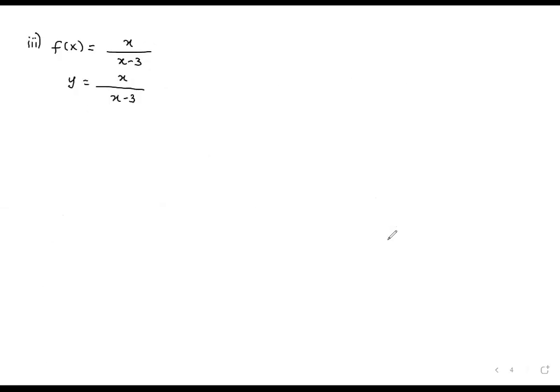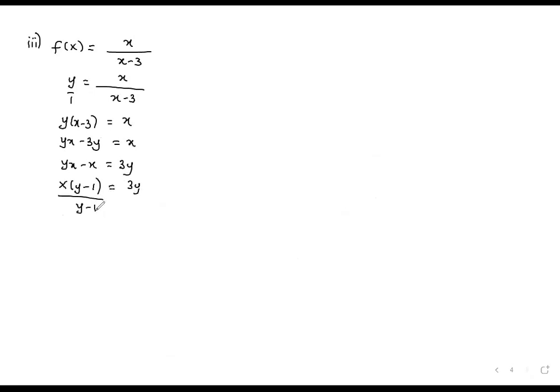Okay, so we carry on here. We say y is equal to x over x minus 3 and look for x now. So over 1, cross multiply, we get this is equal to x. So yx minus 3y is equal to x. So we get yx minus x is 3y. x times y minus 1 is 3y.